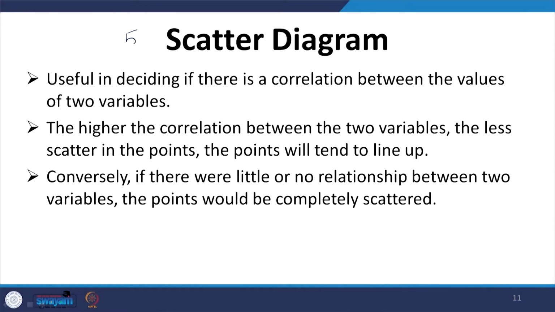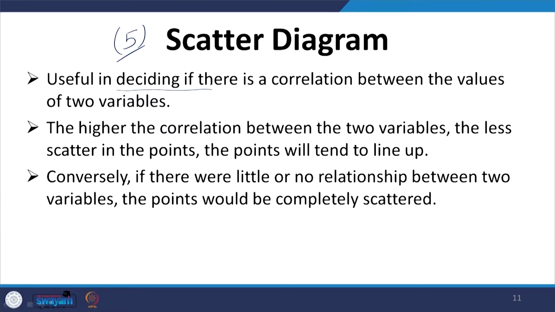Then we discuss another important QC tool, that is the scatter diagram. Scatter diagram is very simple, we have all probably studied it during our classes of probability and statistics in 10th and 12th classes, but how we are going to use it in our QC tool.